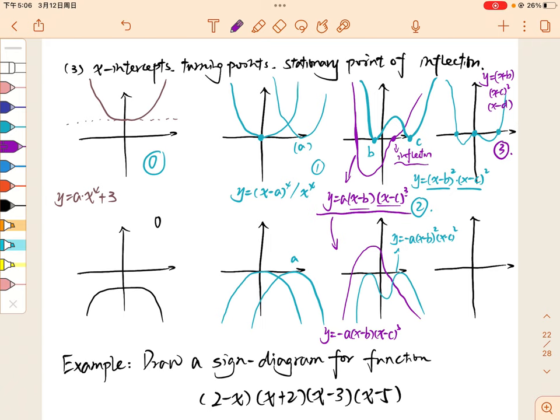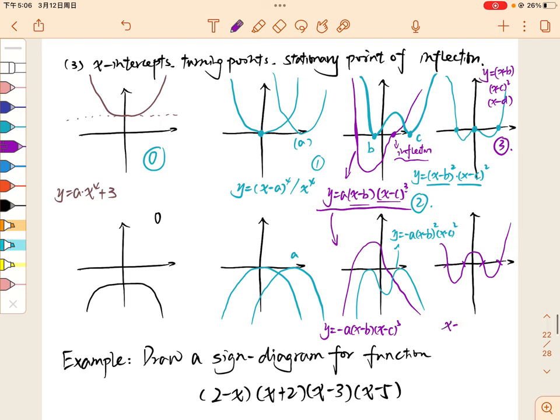Or when you have 4 x-axis intercepts, this is when you have something like this. Okay, 1, 2, 3, 4, and they are all just directly going through our x-axis. That is (x minus a)(x minus b)(x minus c)(x minus d).